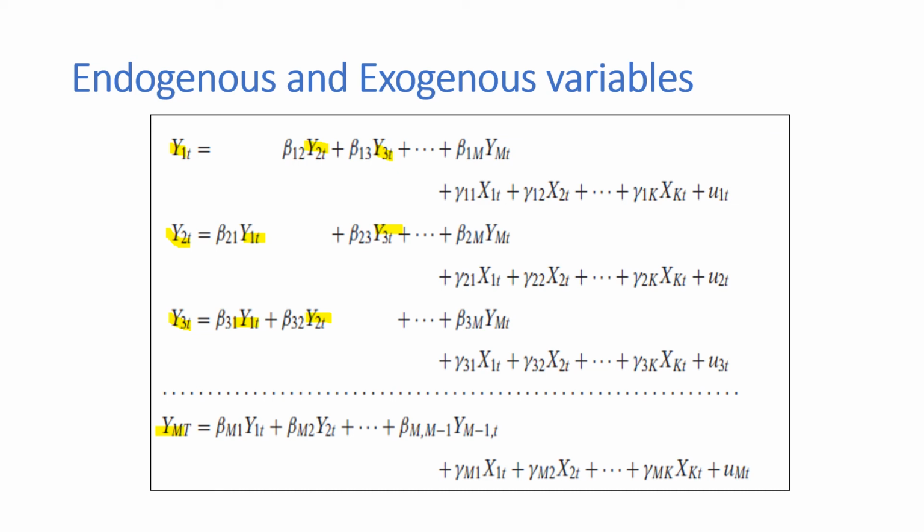It also consists of k explanatory variables, x1, x2 till xk, which are completely exogenous because they appear only on the right hand side of the equations. So this model is a simultaneous equation model consisting of m equations, or m endogenous variables, and k exogenous variables.